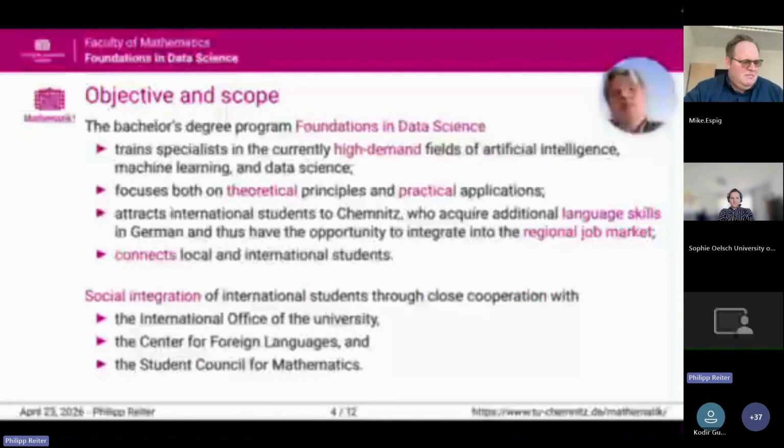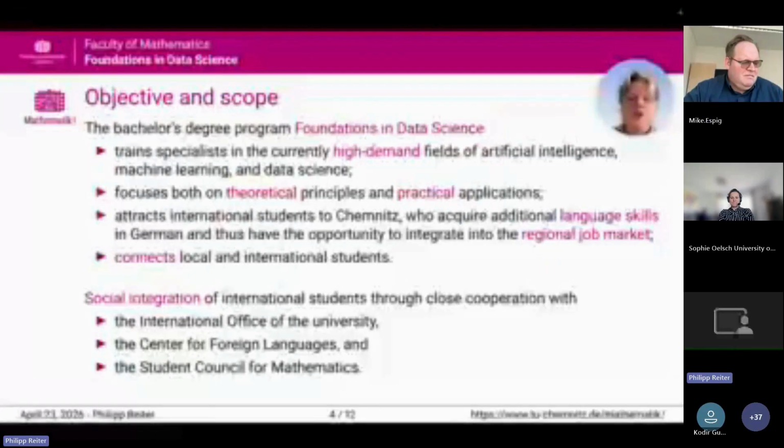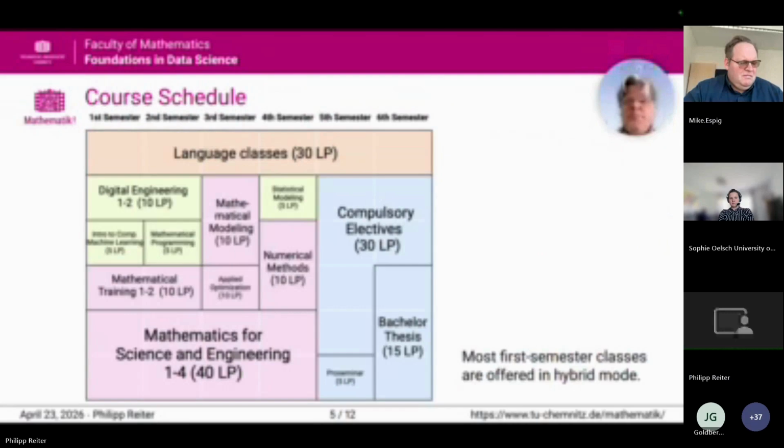Social integration is an important factor for internationals, so we are working together with the International Office of the University, the Center of Foreign Languages, and also the Student Council for Mathematics, which is run by mathematics students. So you have a low-level point of integrating to the university and to the city of Chemnitz.